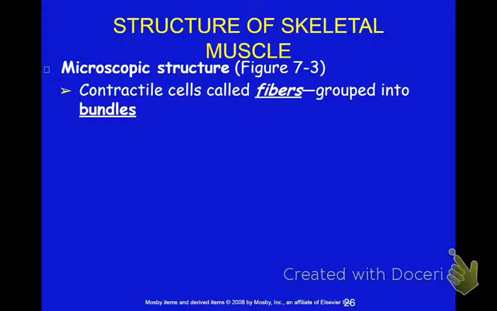Muscle cells or fibers are bundled together and gathered into groups. So the muscle cells are formed into groups called bundles. You've all had the experience of eating shredded beef or shredded chicken, right? In order to shred meat like that, you have to cook it at a lower temperature for a long period of time.